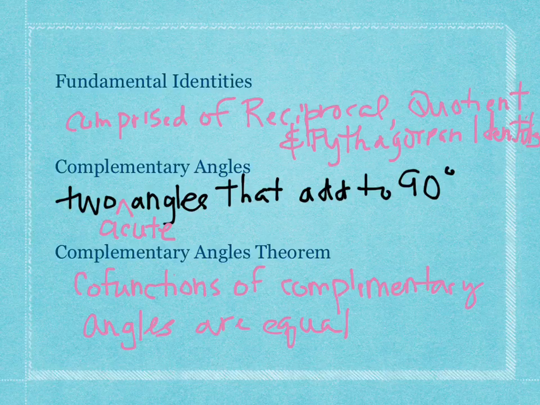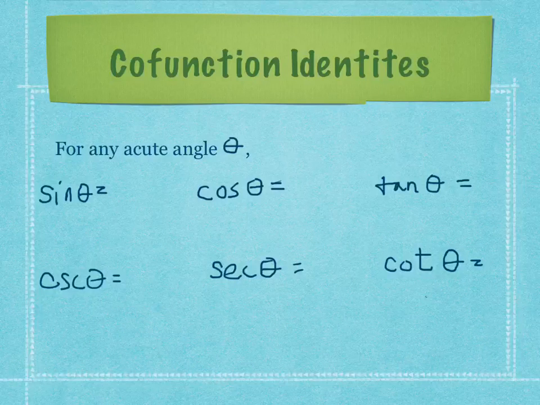And we're going to explicitly say what that means, but this is the general statement. So these are cofunction identities. These are not fundamental identities, right? This is not one in that list of identities. The cofunction identities, though, say the following.